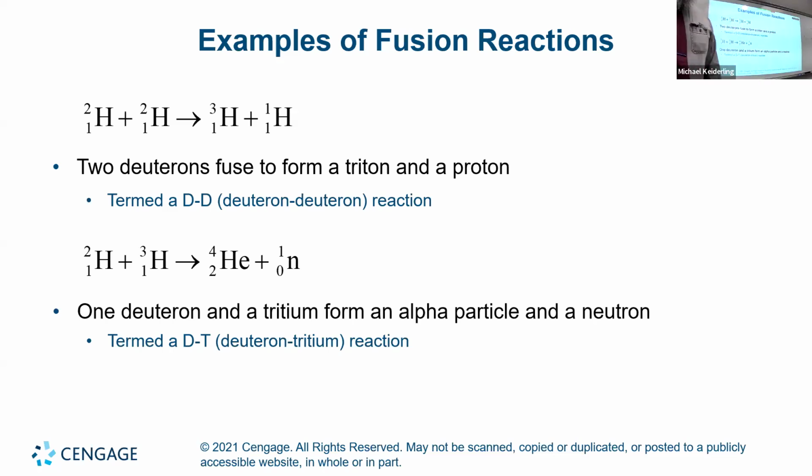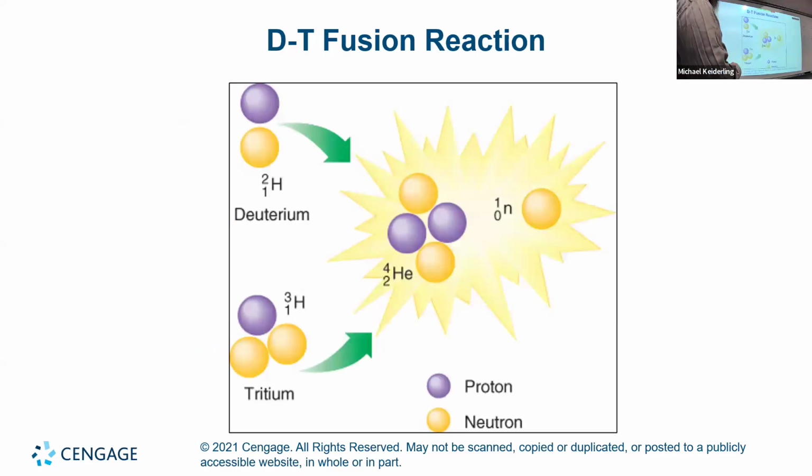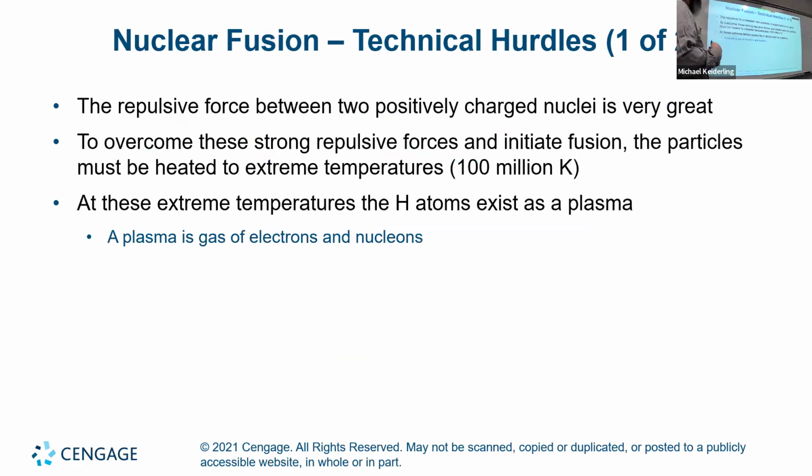That's a DT, deuterium-tritium reaction. This is what we use in hydrogen bombs. Those are efficient, but you also start them with regular atomic bombs. You need an enormous amount of energy to kick them off. So that's DT fusion.